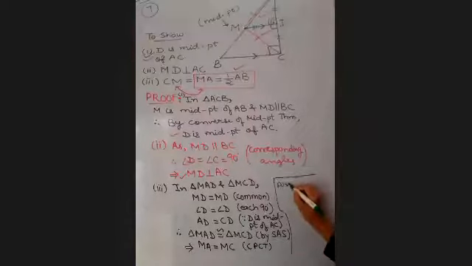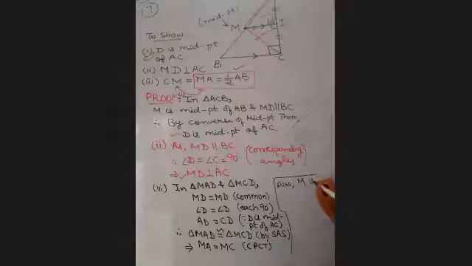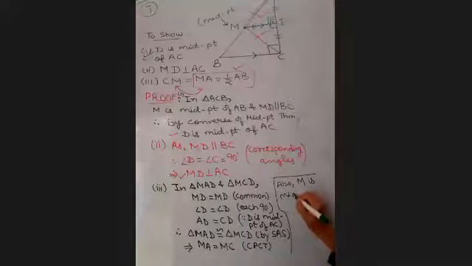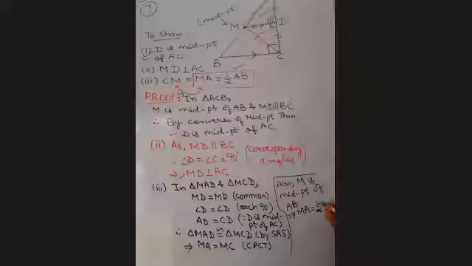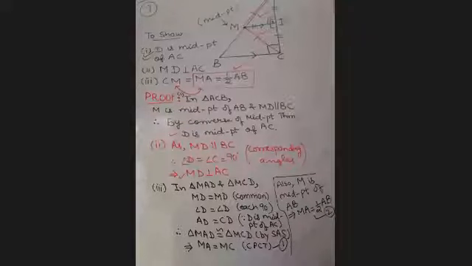Also, M is the midpoint of AB, so this implies MA is equal to half of AB. Okay.